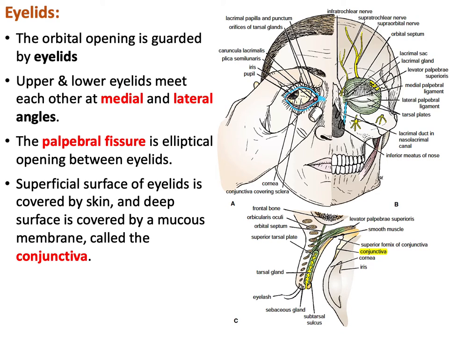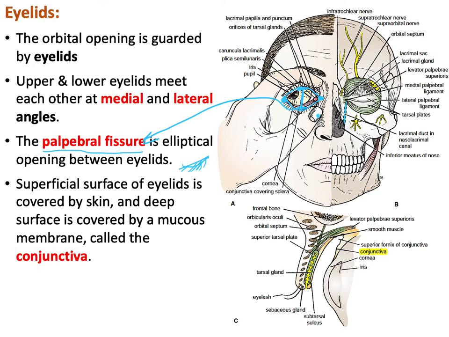So you have a medial angle and lateral angle, and the space when you open your eyes, the gap or the distance between the upper and the lower eyelid, is called the palpebral fissure. So the palpebral fissure is the distance between the upper and lower eyelid. When you close your eyes, there is no palpebral fissure. It's about zero, right? Because there is no gap between them. But just to know that palpebral fissure is the term used for that.